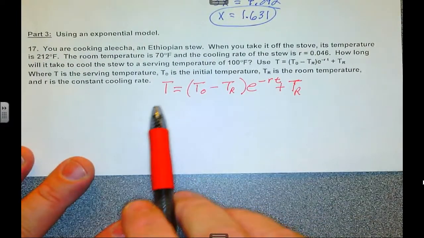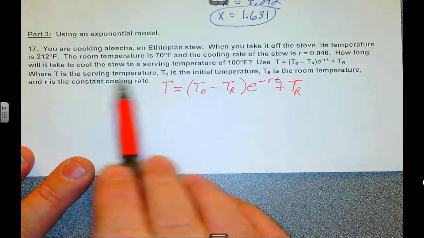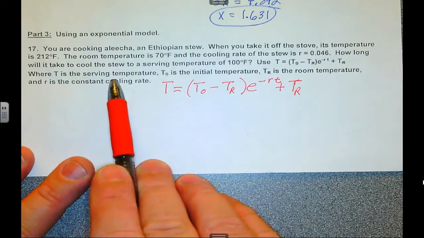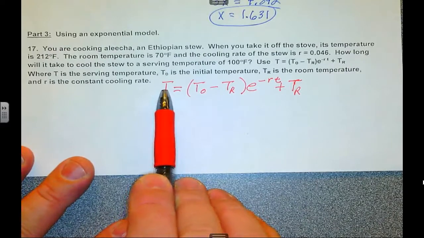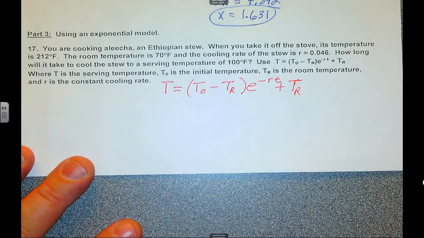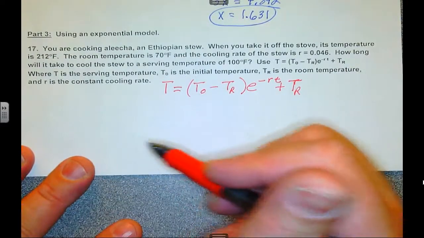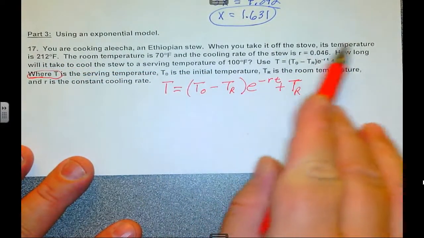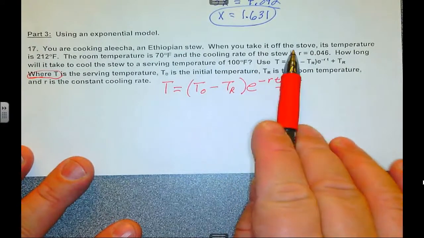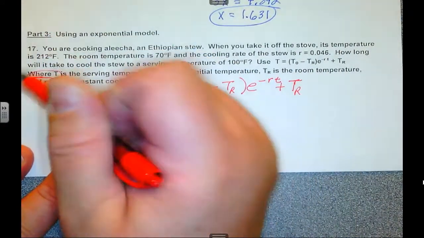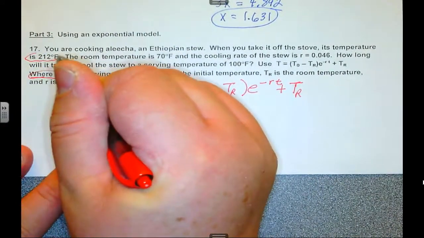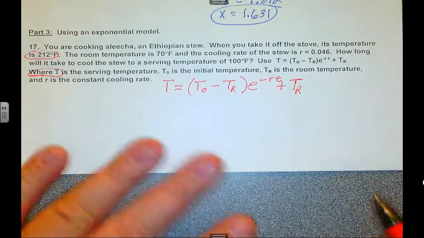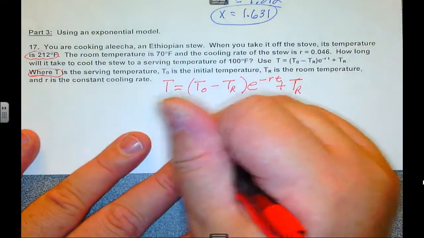Okay. What are we looking for here? We are looking for the serving temp. So we're looking for capital T. Its initial temperature is T sub naught, right? T naught is 212.